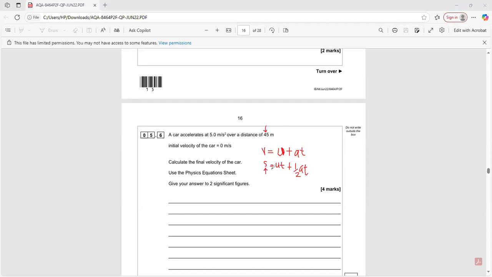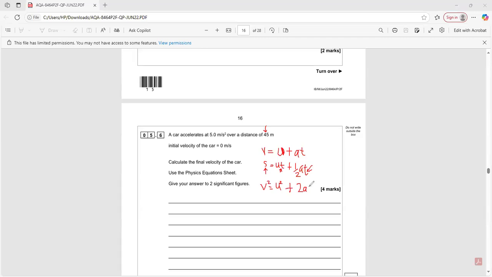So let's move on to the last formula, which is V squared equals U squared plus 2AS.